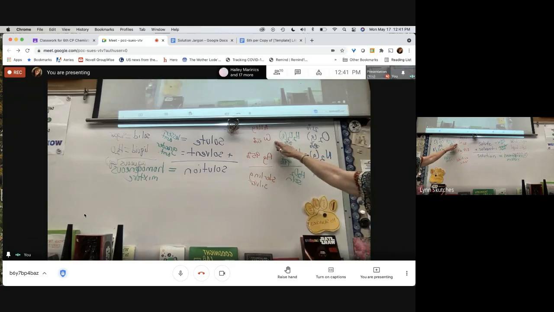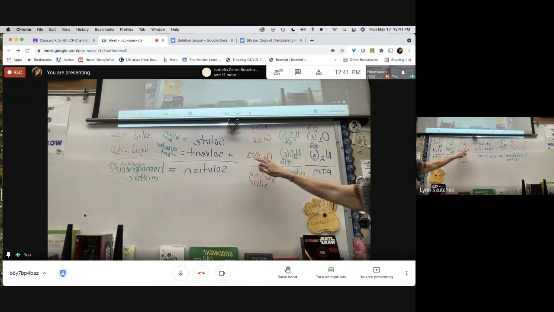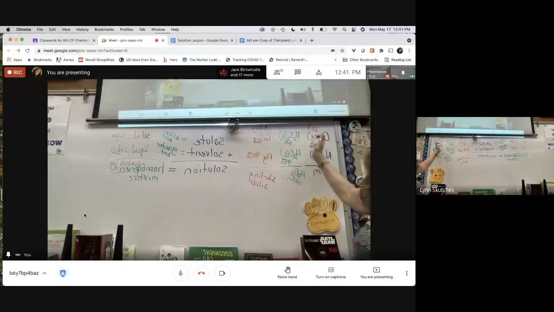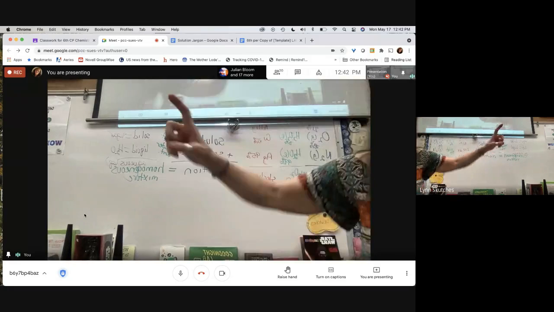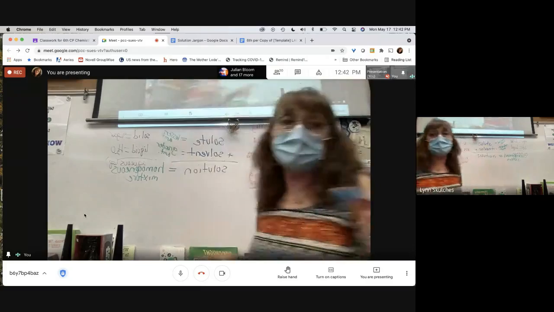So copper would be the solute and silver would be the solvent. Most of us think of solvents as being a liquid. It doesn't have to be. And of course, we can have gases in liquids too. Gases in solids? We won't go that far. But it's not just a solid and a liquid. That's what I want to emphasize to you.